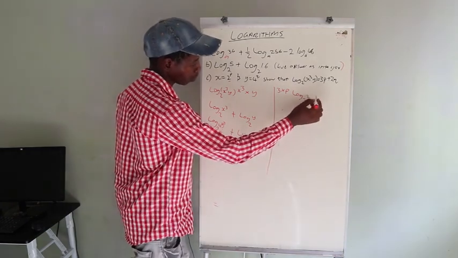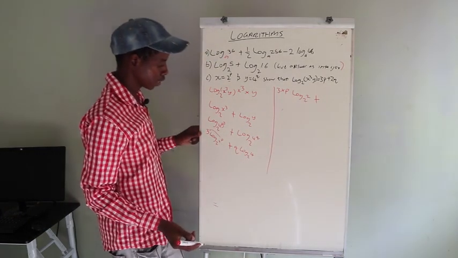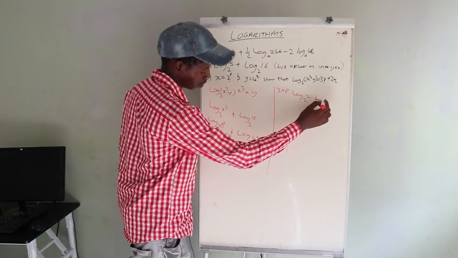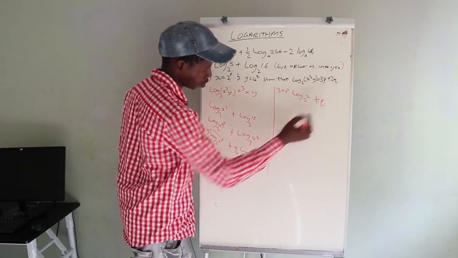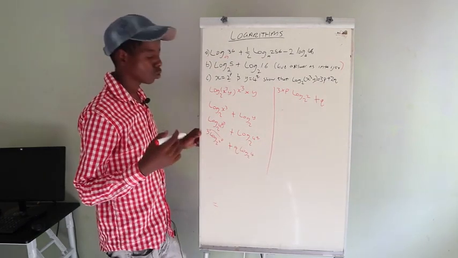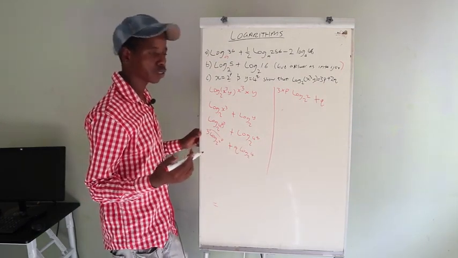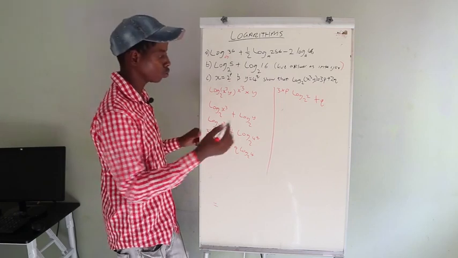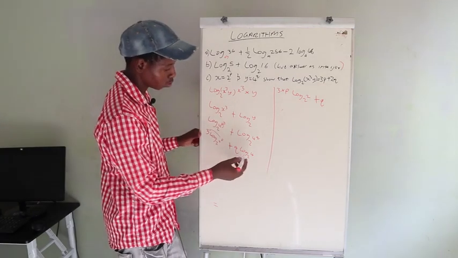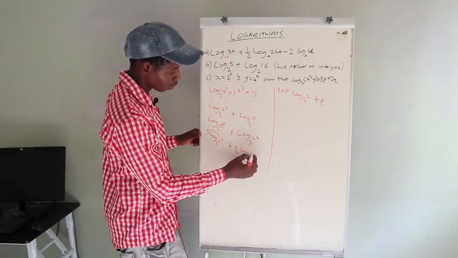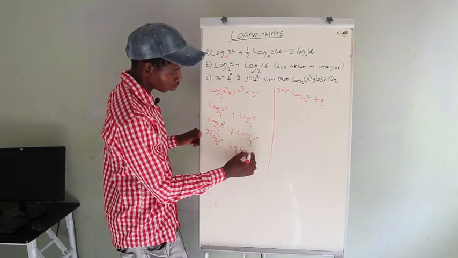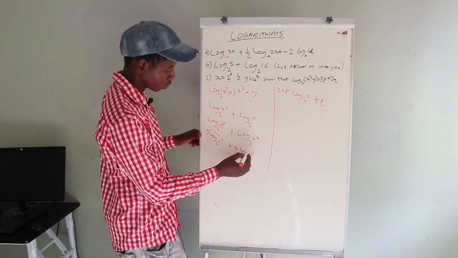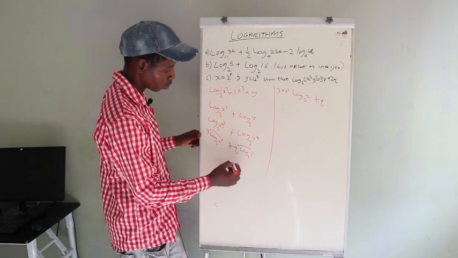Then we say plus q. Remember, we can write 4 as 2 to the power 2, since 2 times 2 is 4. So this 4 we can write as 2 to the power 2. Then we take this 2 and we multiply q.